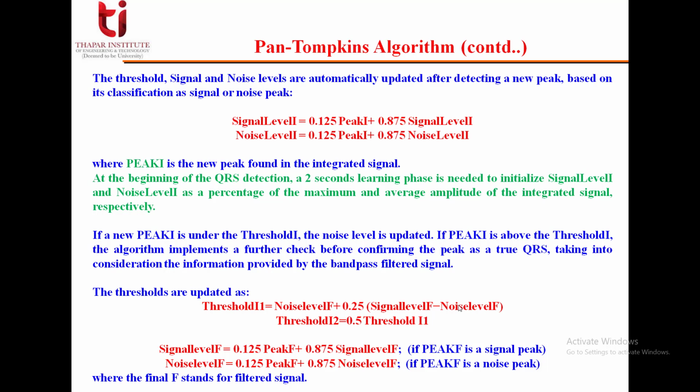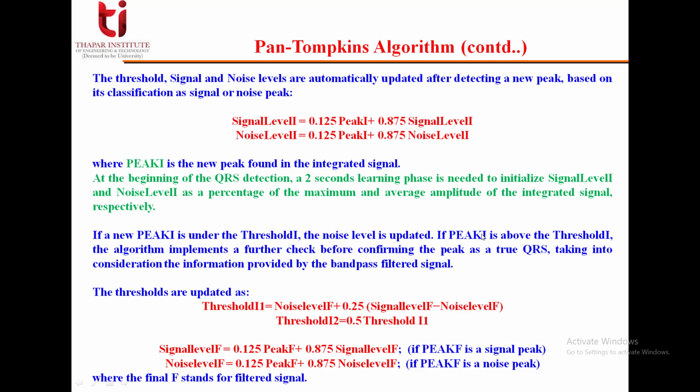Now at the beginning of the QRS detection, a 2 seconds learning phase is needed to initialize these levels, that is, to initialize the signal level 1 as well as the noise level 1 as a percentage of the maximum and average amplitude of the integrated signal respectively. Now, if a new peak 1 is under the threshold 1, then we will update the noise level.